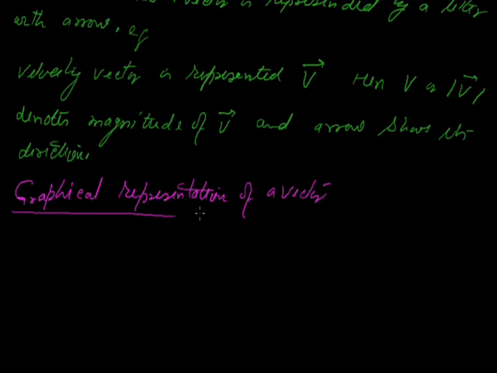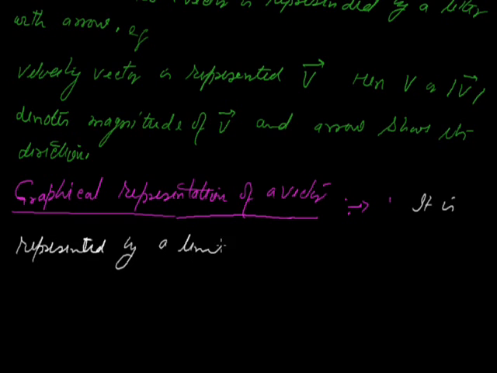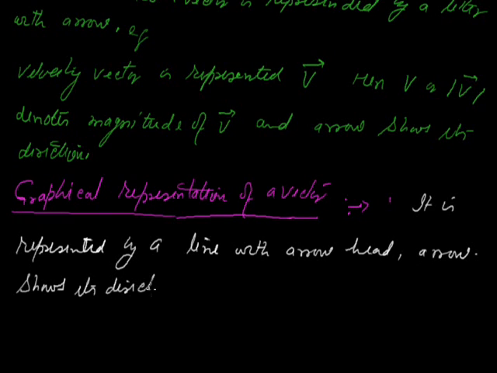A vector quantity is represented by a line with an arrowhead. The arrow shows its direction, and the length of the line shows the magnitude of the vector.